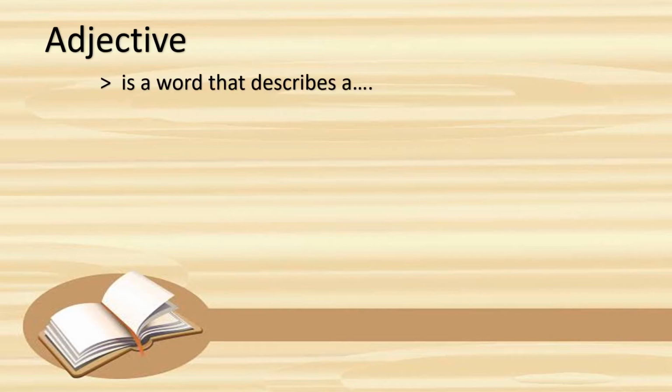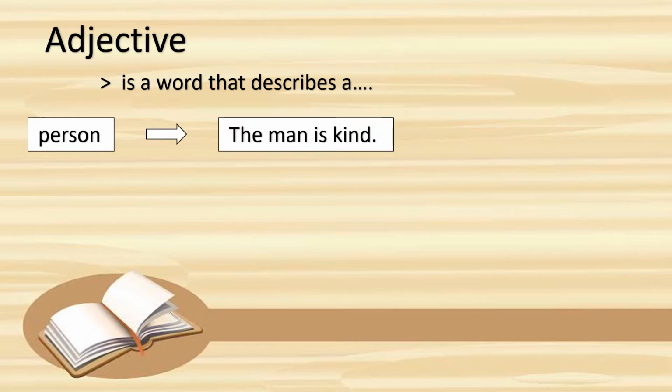An adjective is a word that describes a person, place, animal, thing, or event, right? In this statement, we are going to focus on an adjective that describes a person. The man is kind. What do you think is the describing word here?